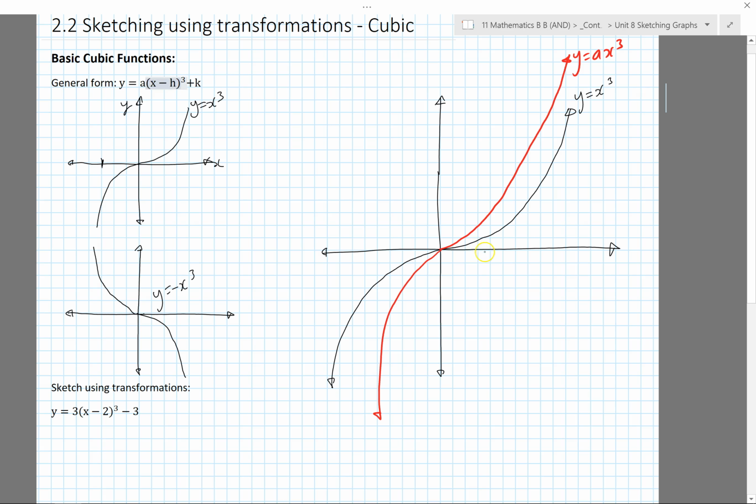Okay, if I wanted to do that exactly like the quadratic, I'd move it h units to the right and k units up. Okay, so this point here is still my turning point that I'm interested in, and I'll draw that same shape curve up there. And I'm sure your diagram can be better.